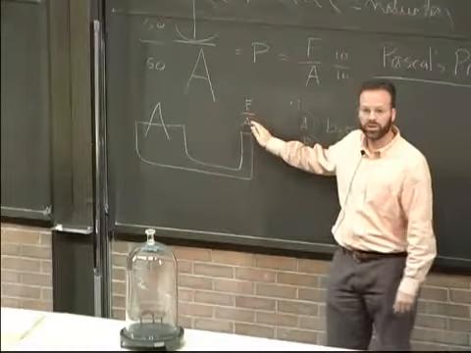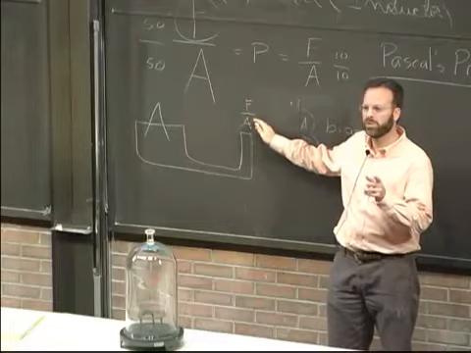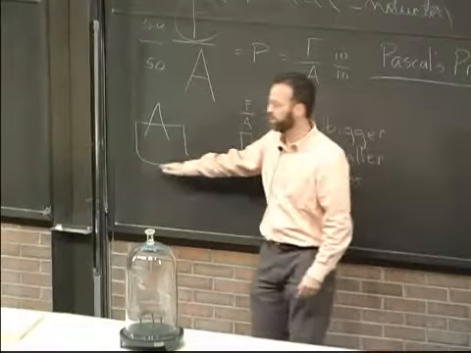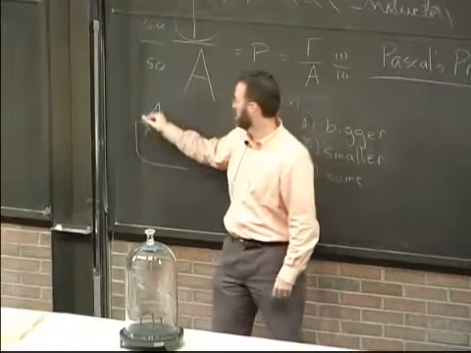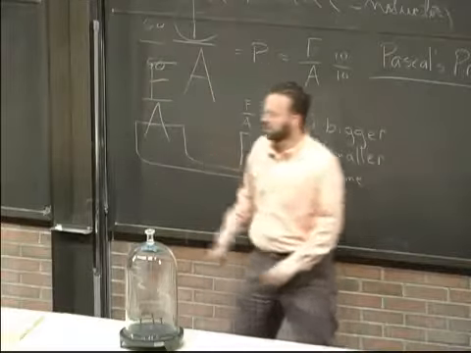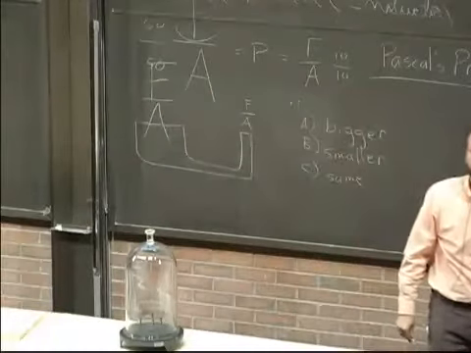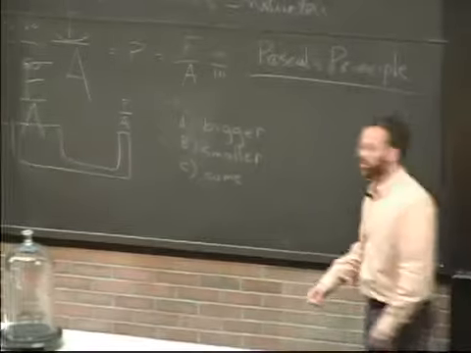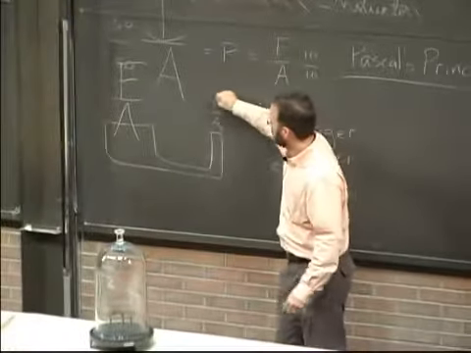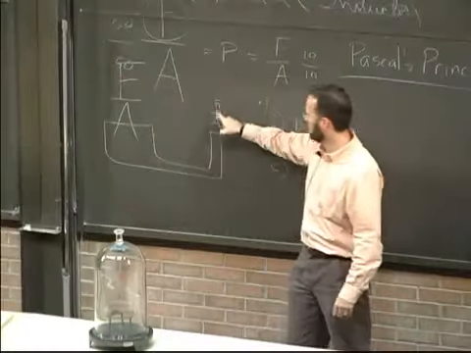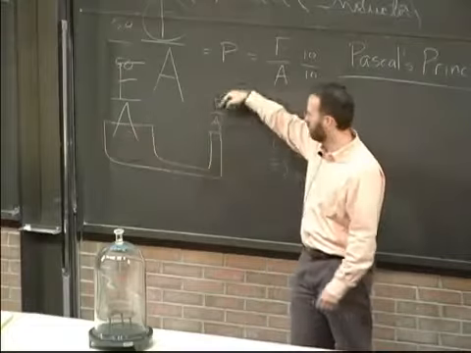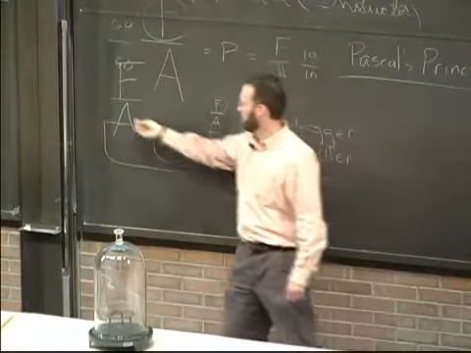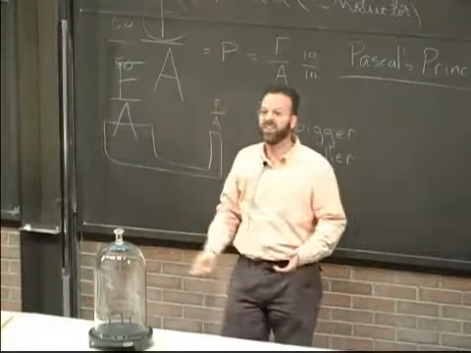It'll cause a certain pressure in the fluid, but Pascal's principle says that's the same pressure throughout the fluid, so it's the same pressure over here, which means you can get 5 times the force out on the other end. And so you might not be able to lift a whole car yourself, but you could build up a hydraulic system so you can make it lift over here if you spread it out over a big enough area.